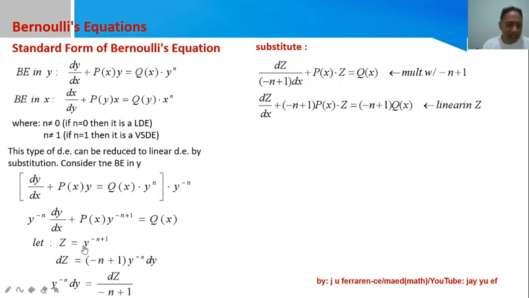So we change that according to the substitution. Then we have the Q of x. The only difference of this equation to a linear DE is the presence of minus n plus 1 in the denominator in the derivative term dz over dx.